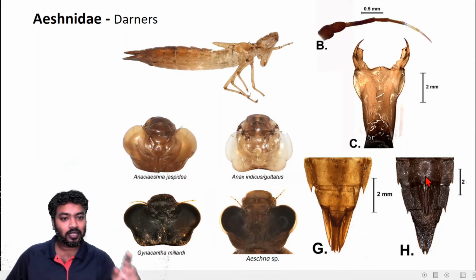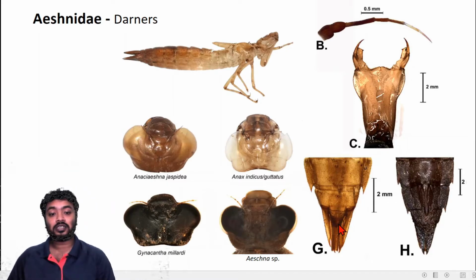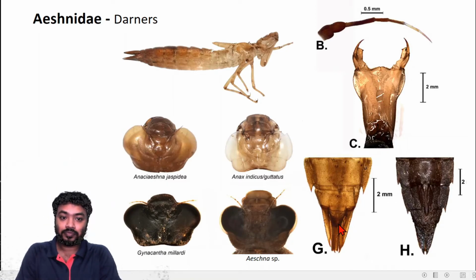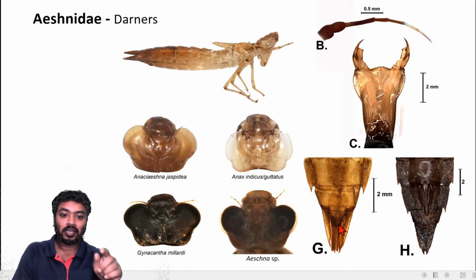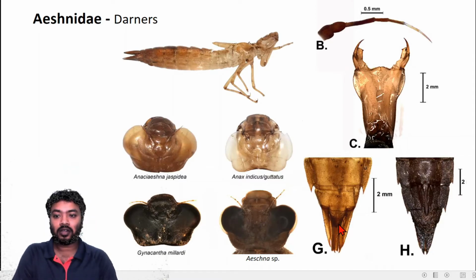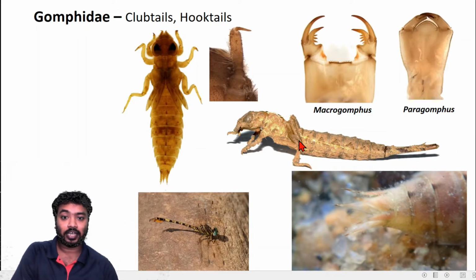And here in the male there is another projection, this triangular projection. This is actually the precursor of the male inferior appendage. The adult male will have the inferior appendage, and this is the precursor of that. Okay, so these are the Aeshnid larvae, Aeshnid exuvia.